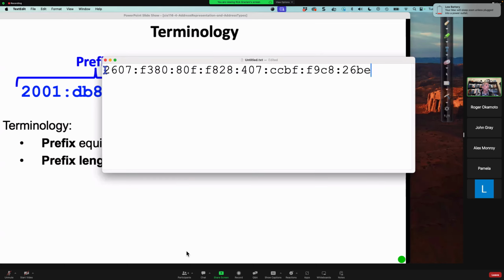Now Cabrillo, we received this from our ISP. So if I look at this, again, this is 16 bits. We're going to talk more about this on Thursday. The internet sees Cabrillo College as what we call a /48.